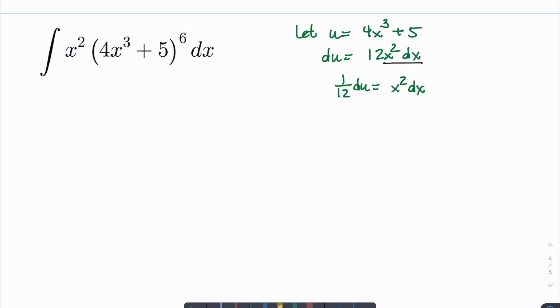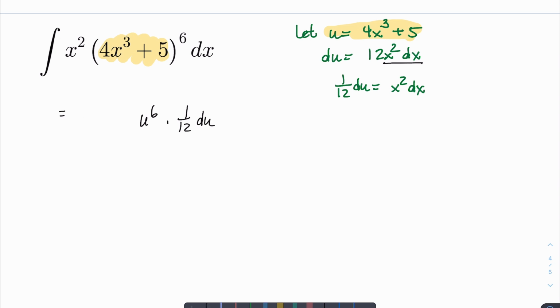So then u equals 4x to the third plus 5 is going to replace this piece, and x squared dx becomes 1/12 du, and we're going to have a whole brand new integral with u as the variable instead of x. So we have the integral of u to the sixth, and x squared dx is 1/12 du.